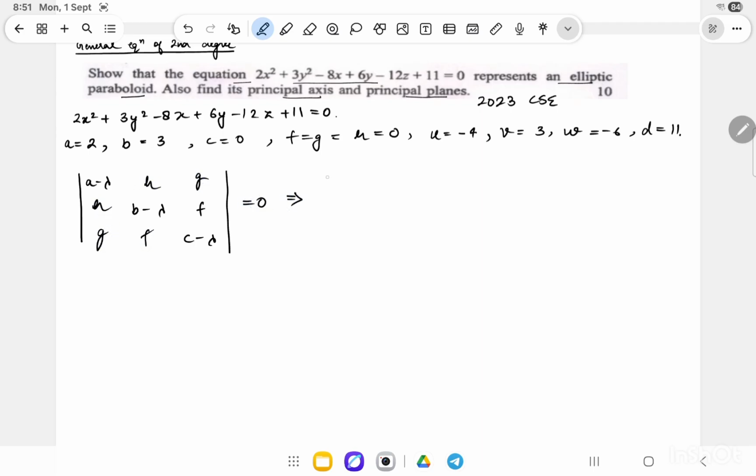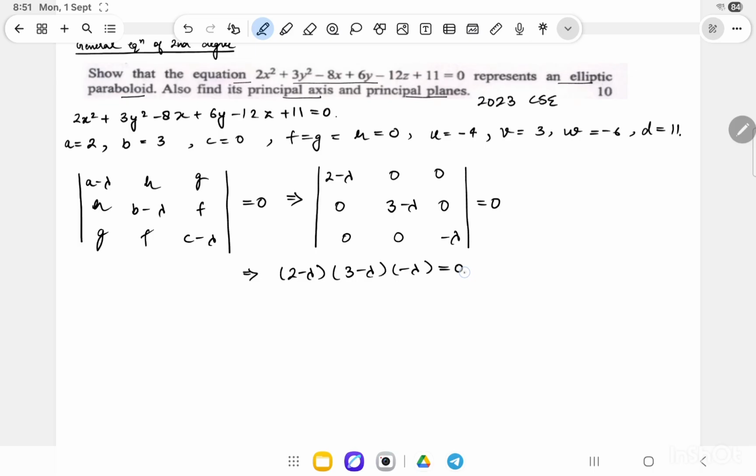Substituting the known values, I get 2 minus lambda, 0, 0; 0, 3 minus lambda, 0; 0, 0, minus lambda, equal to 0. Since it is in diagonal form, I can directly write its discriminant.